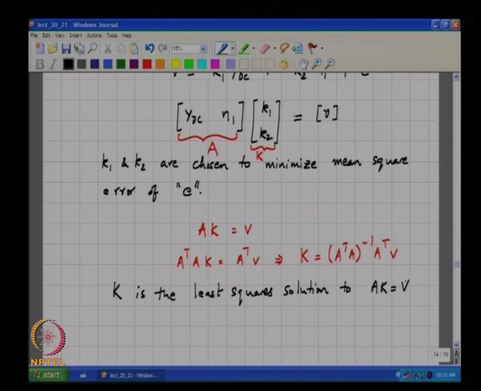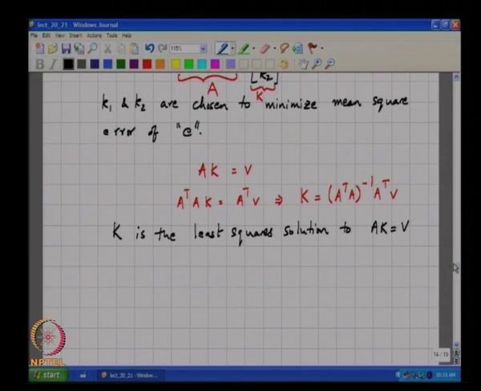And how will you find the mean square error? You actually find A k, which is your best approximation to V, you subtract V, and then find its norm.